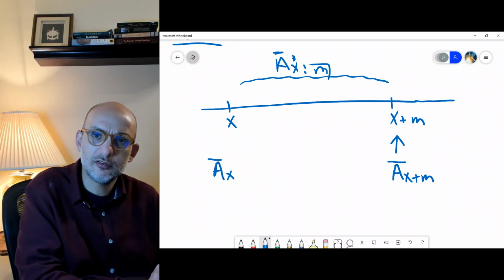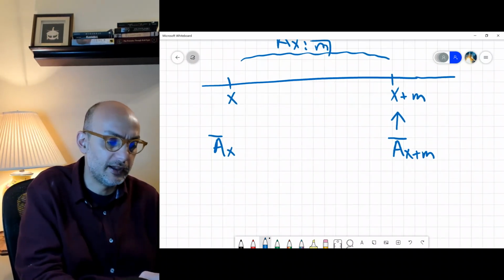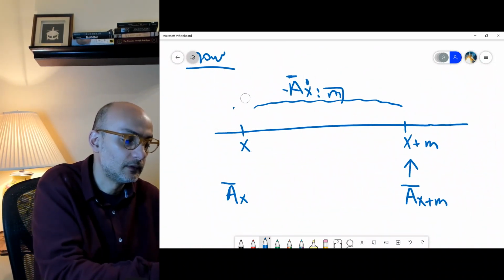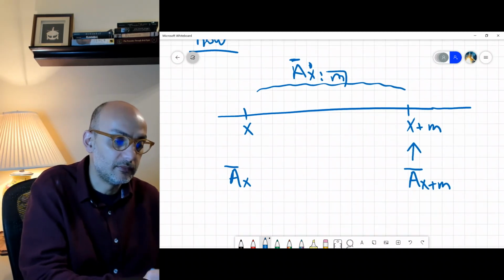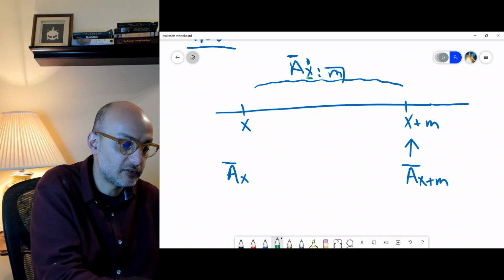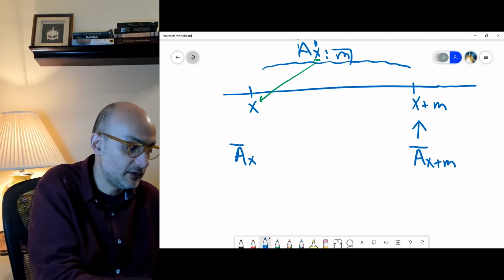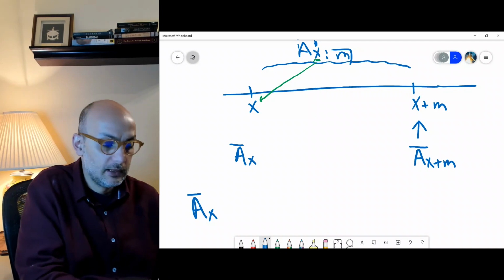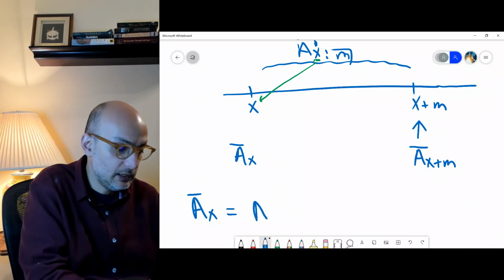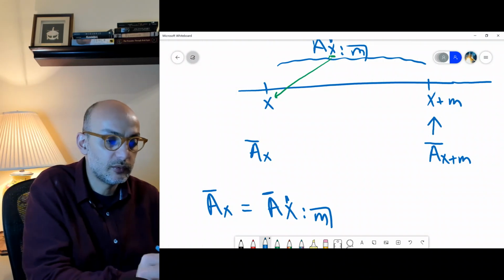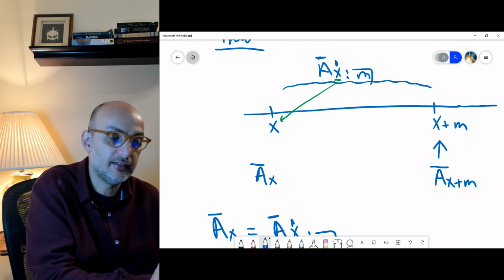Again, it's similar to interest theory, but we need to have the actuarial discounting factor. So remember, this one is evaluated here already, but this one is at a different time. This x tells us that the evaluation point is at time x. So we have A bar x equal to A bar x:m. There is no need to discount, because this one is already at age x.